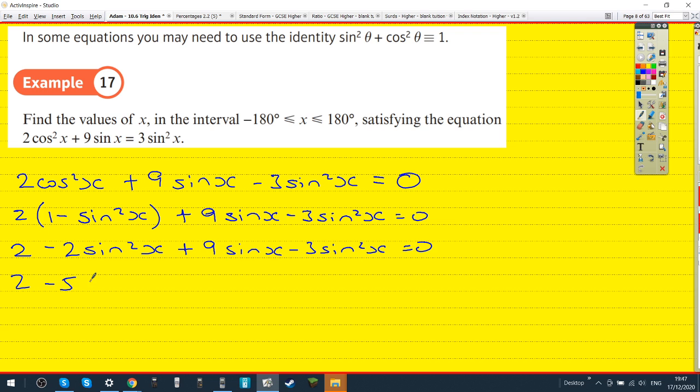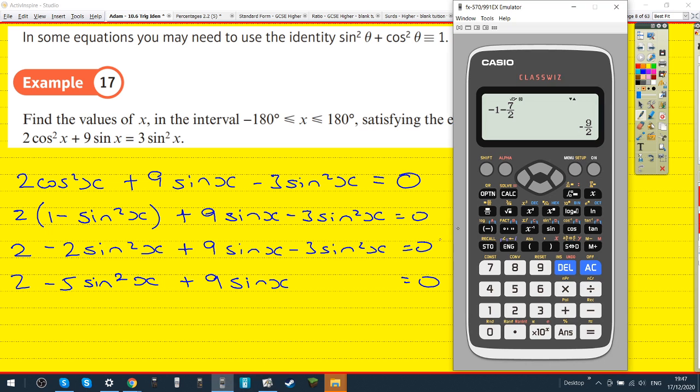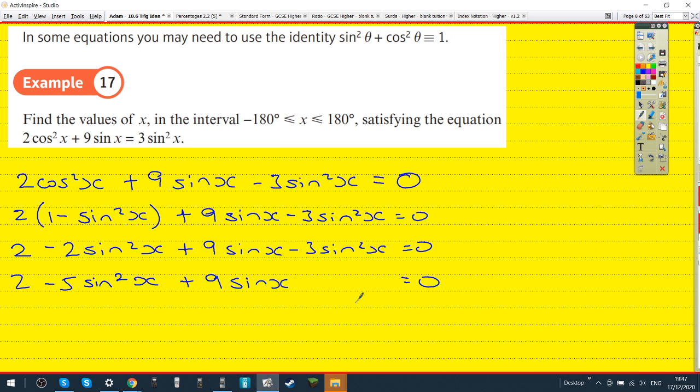Oh yeah, okay. 2 minus 5 sine squared x plus 9 sine x equals 0. And that's exactly the same as the previous one: minus 1 minus 7 over 2. Minus 2 minus 3 gives you minus 5. Okay.